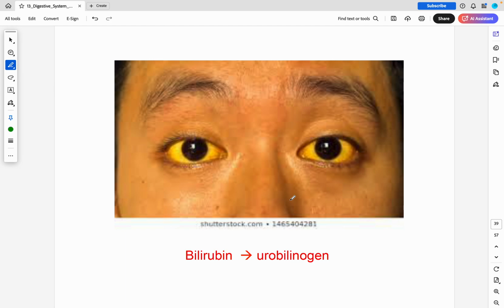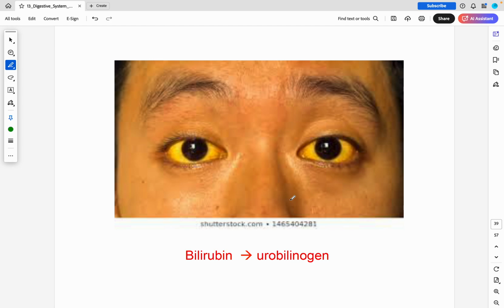Here is a condition where there is a problem with the breakdown of bilirubin.